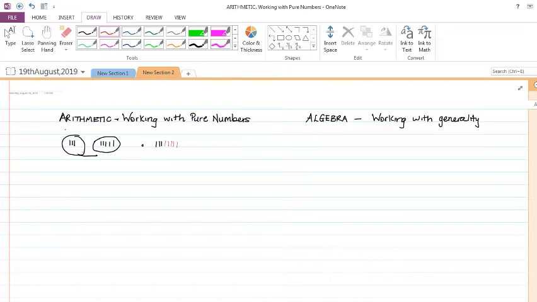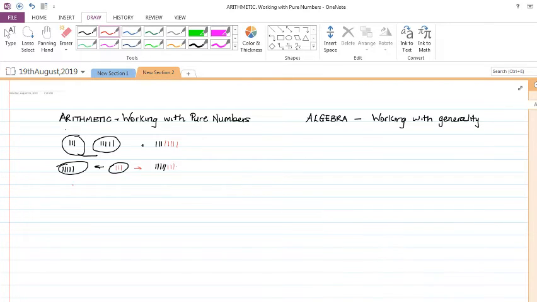Now it matters not in which way I group them. If I did this, I add 1, 2, 3, 4, 5 first, and then I bring to it a group of 3. Then in the end, what I will get will be 5, and then you have 3, so you get 6, 7, 8.